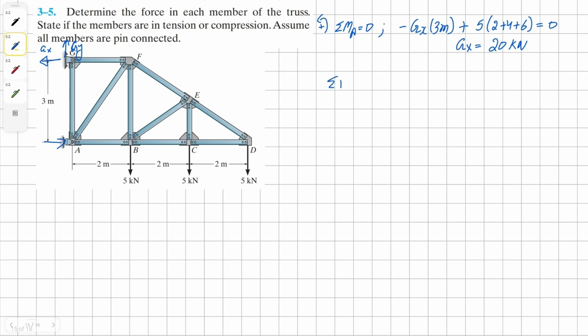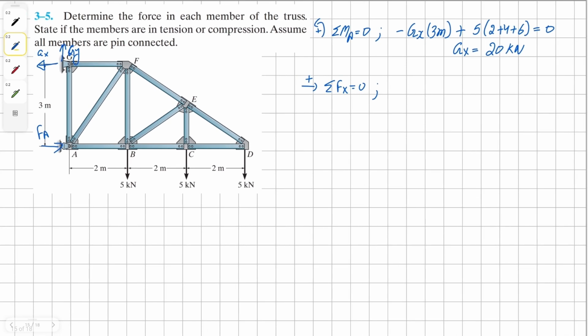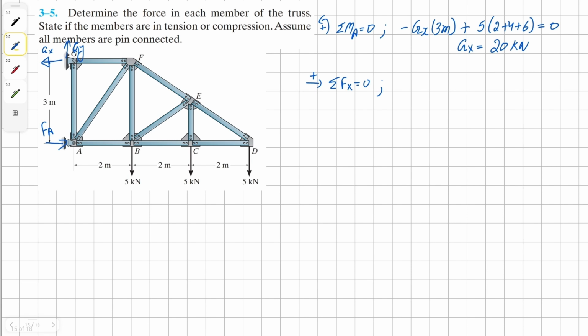Now we can sum the forces in x direction in order to find a reaction value for the horizontal reaction at A. This is going to be Fa, take away Gx, which is 20 kilonewtons, all equals to 0 because there isn't any other external horizontal reaction on this truss. Solving for Fa, we get our solution as 20 kilonewton.